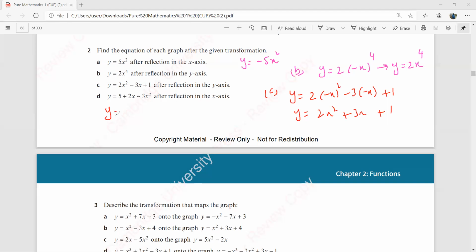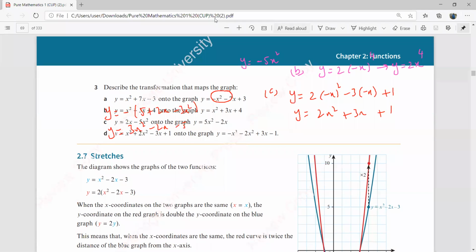Since it is in the x-axis, the whole equation's signs will be changed. So y equal to 5 plus 2x minus 3x squared. And you can also write it as 3x squared minus 2x minus 5. Then we move on to the third question.